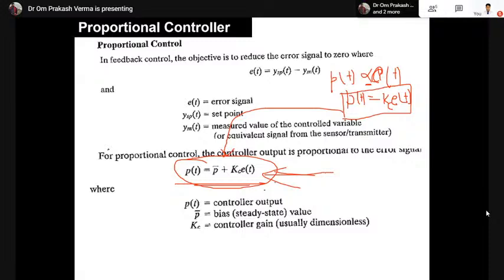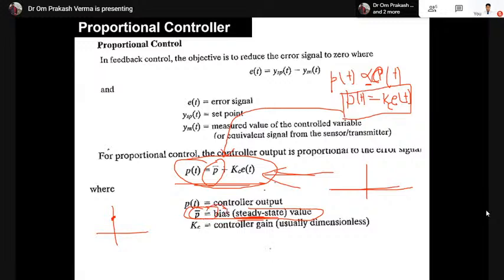I am saying it is practical because when you perform an experiment on a proportional controller in the lab, you get some fixed value from which the system starts. That value is the steady state value, and this P bar is known as the bias value.